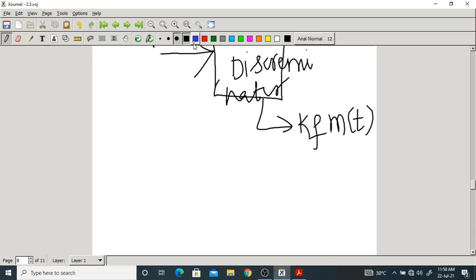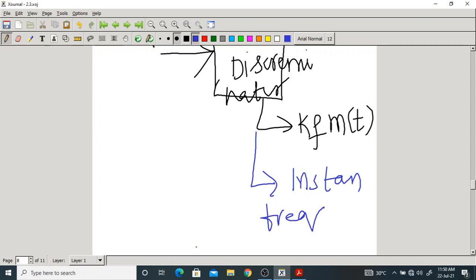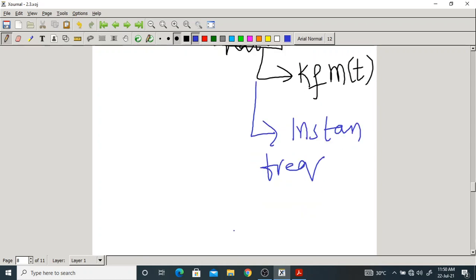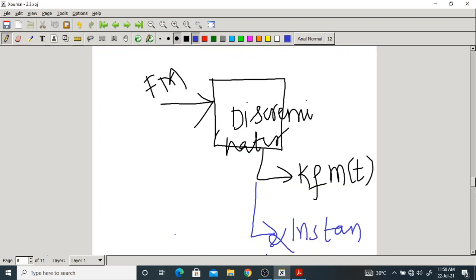Actually, the output is proportional to the instantaneous frequency, that is Fi of t. Output is proportional to instantaneous frequency Fi of t, but here it is kf m of t.